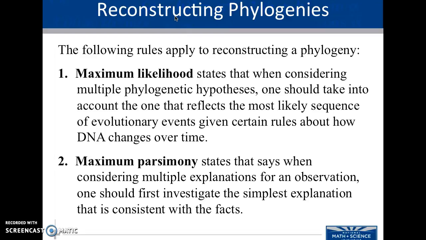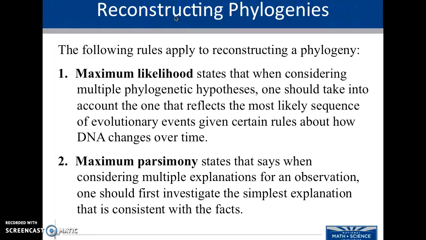When we want to reconstruct phylogenies, the following rules apply to reconstruct a phylogenetic tree. We want to look at maximum likelihood, which basically states that when considering phylogenetic hypotheses, we should take into account the one that reflects the most likely sequence of evolutionary events, given certain rules about how DNA changes over time. And so we need to look at how DNA is changing over time and what environmental and evolutionary events allow for this to occur.